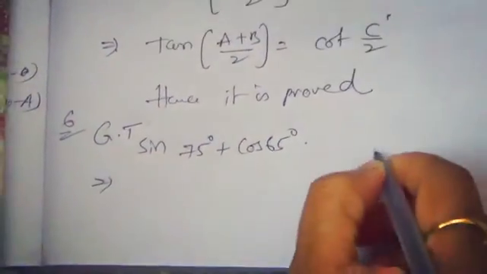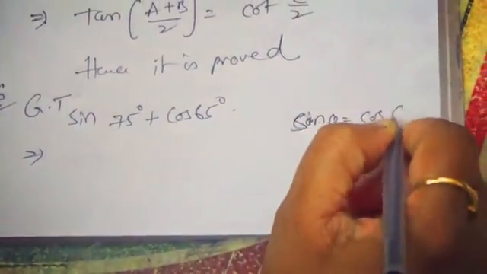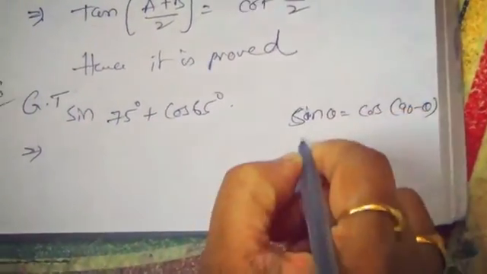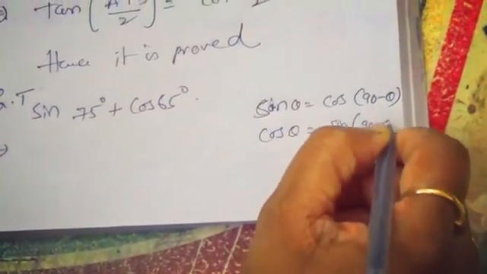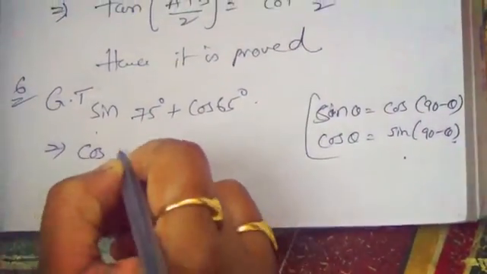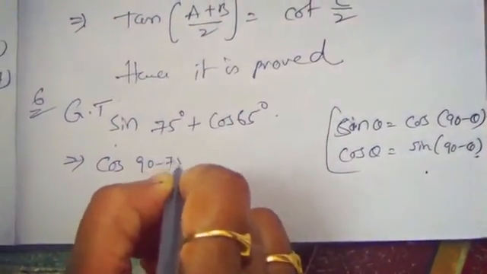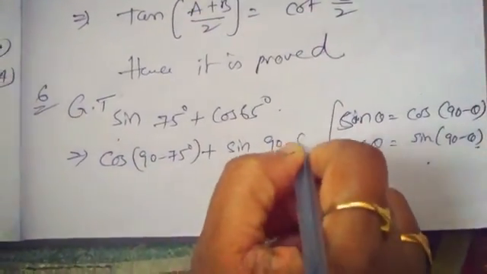We know that sin theta is equal to cos(90 minus theta), and also cos theta is equal to sin(90 minus theta). So by using these formulas, I am changing this to cos(90 minus 75) plus sin(90 minus 65).